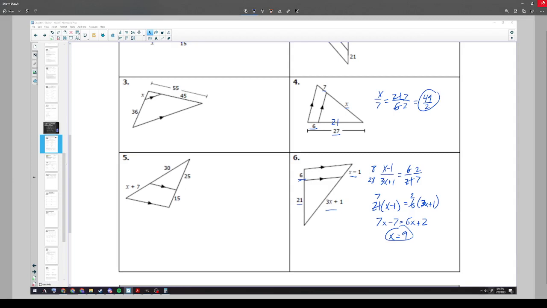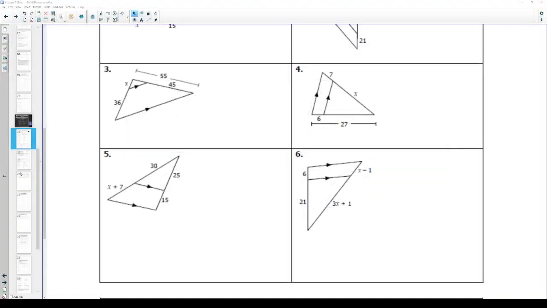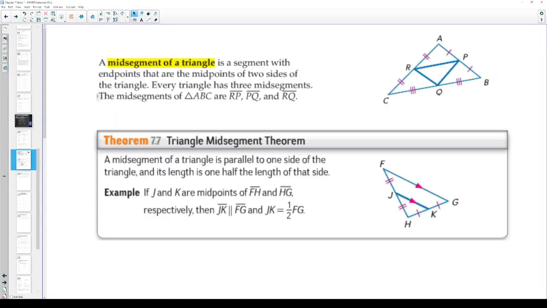And we can move on to the second part of today's notes. Before we get to the next part, we're going to just recap. We've talked about this before, so this isn't new, but it is relevant to what we're doing here to talk about mid-segments.